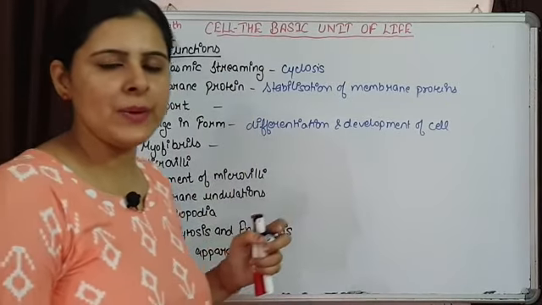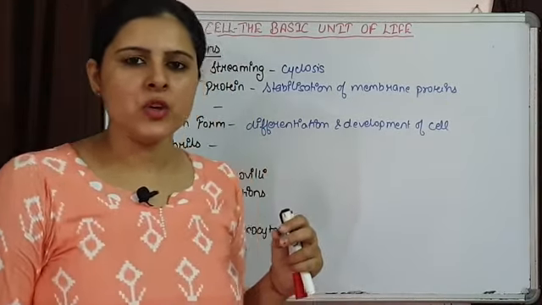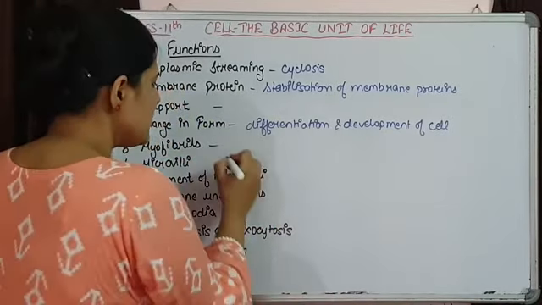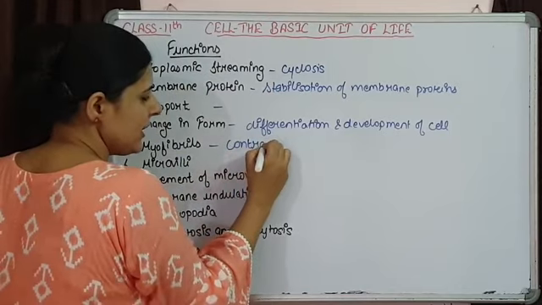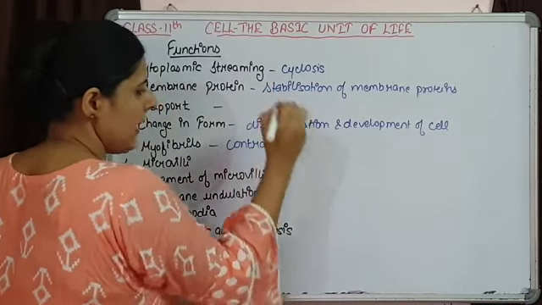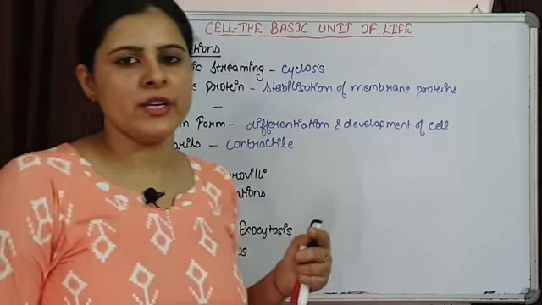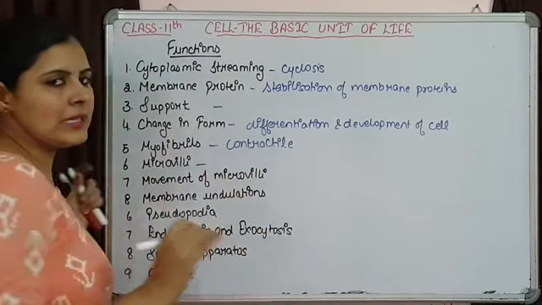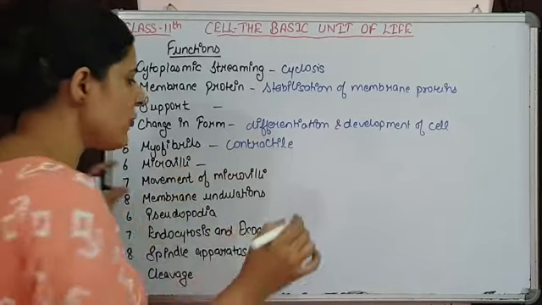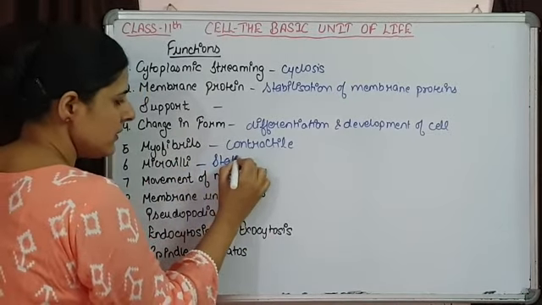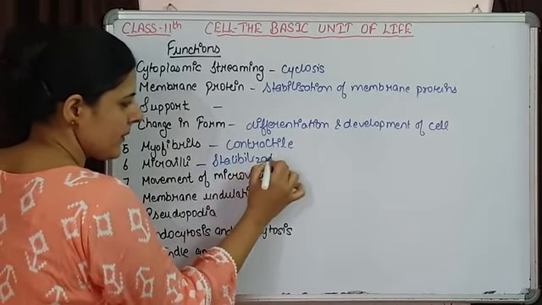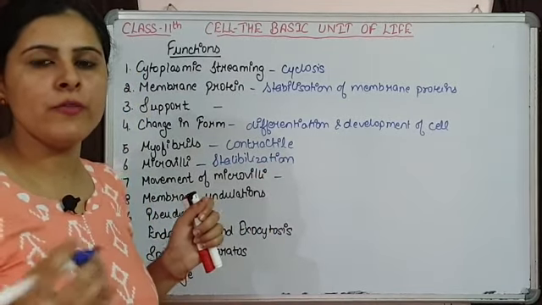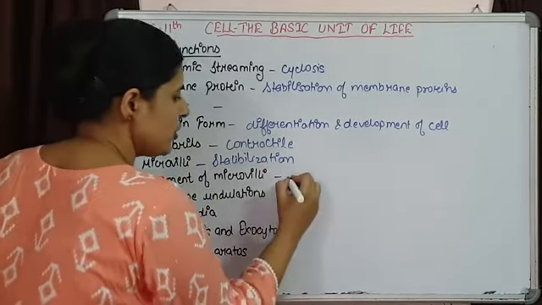Myofibrils, we know they are present in muscles. These myofibrils have microfilaments which are contractile in nature, and they help in the contraction of muscles. Microvilli: they are involved in the stabilization of the structure of microvilli, plus they are involved in the movement of microvilli for more absorption.